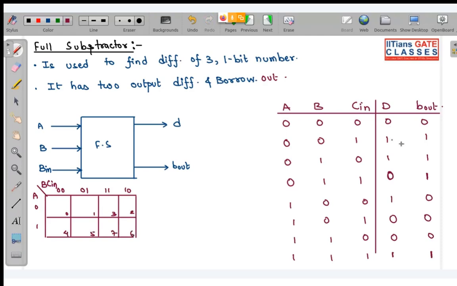So this is 1, 2, 4, 7. So 1, 2, 4, 7. Again, you can see what? That this is the K map for XOR. Okay, K map for XOR.